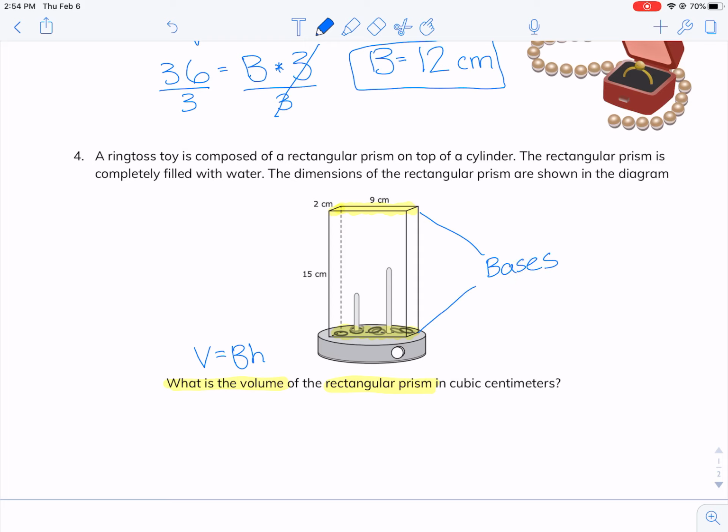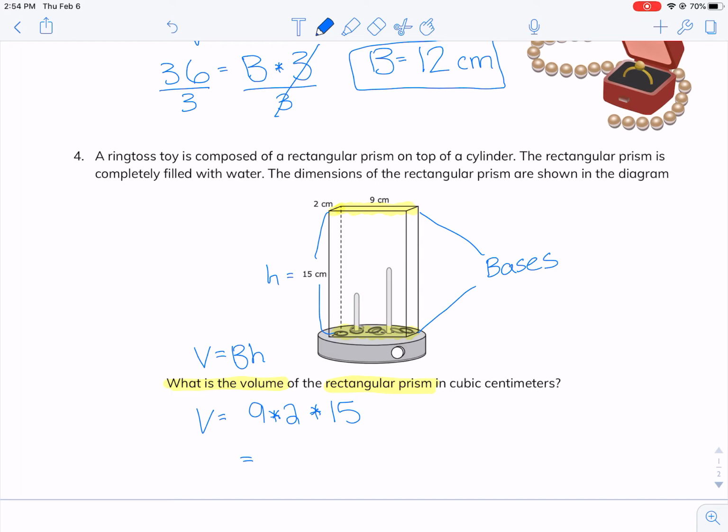So now the line that connects the bases would be the height. So I'm going to label my height as 15, but I'm going to look for the base area first. So my V would be, the area of the base would be 9 times 2 times the height, which is 15. Also known as length times width times height.